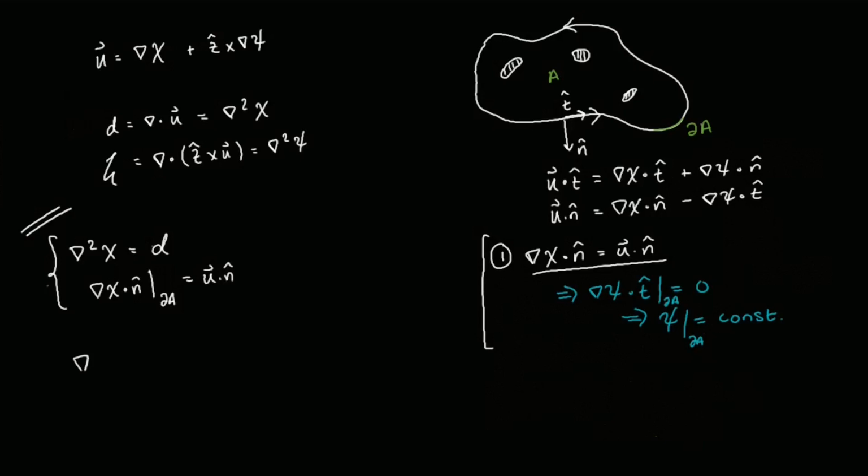For the rotational part, we have del squared psi is the vorticity, and we have that psi, and I'm going to get even a little bit more complicated here. We're going to call the outer boundary delta A 0, and then all the inner boundaries will be delta A 1, delta A 2, delta A 3, right?